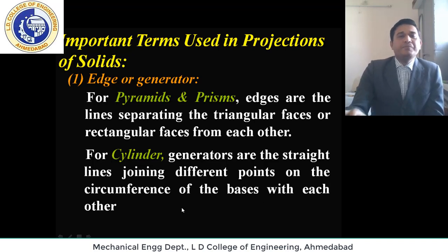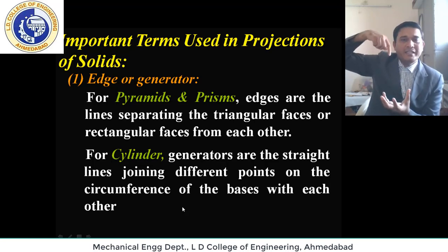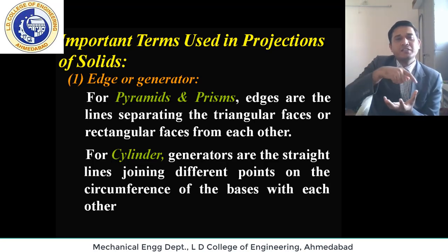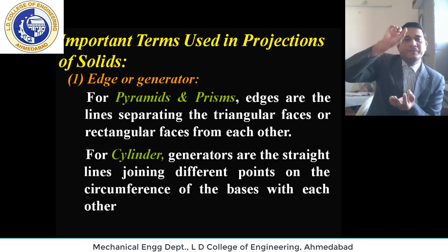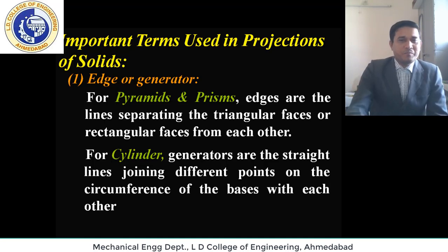It means if we divide the top base into 12 or 8 equal parts, and do the same for the bottom base of the cylinder, then the respective part of the top base and of the bottom base will be joined by one particular straight line, and it is known as a generator.